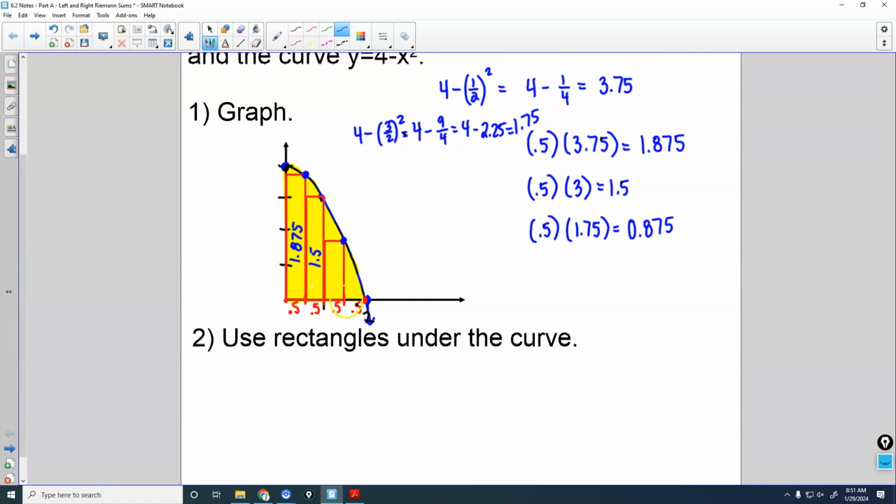And for this last one, I really don't have a rectangle, but just for the sake of consistency, that last rectangle would be 0.5 times a height of 0, right? Because that right-hand edge of the Riemann sum would be on the x-axis there, and so I'd get 0 for that.